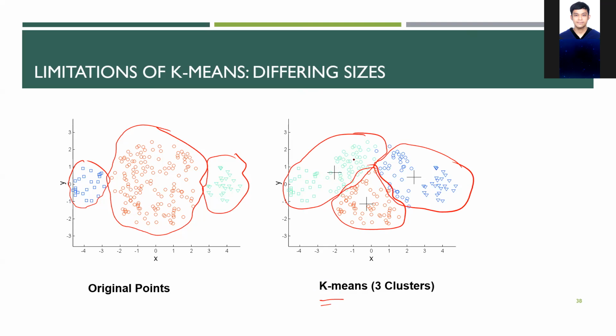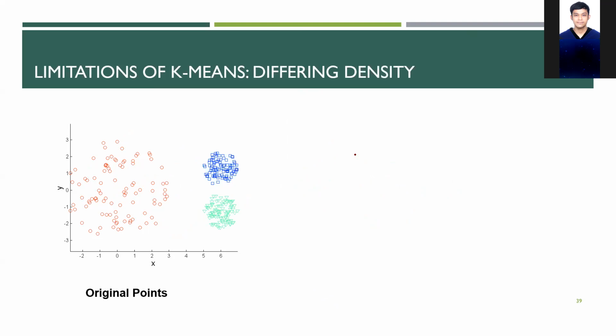Yeah, because in some area. Okay. And different density can also give us not quite good results. For example, this is the original data. For the red data points, we can see that the density is low, so they are relatively far away from each other, although they are in one cluster.